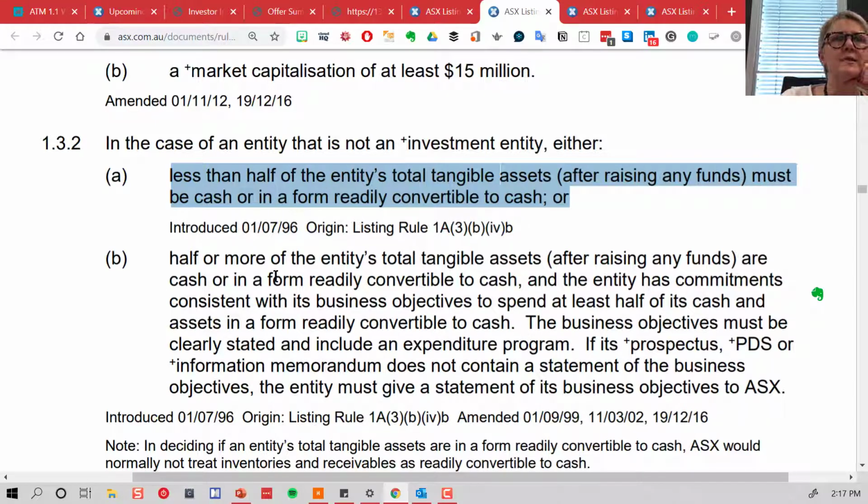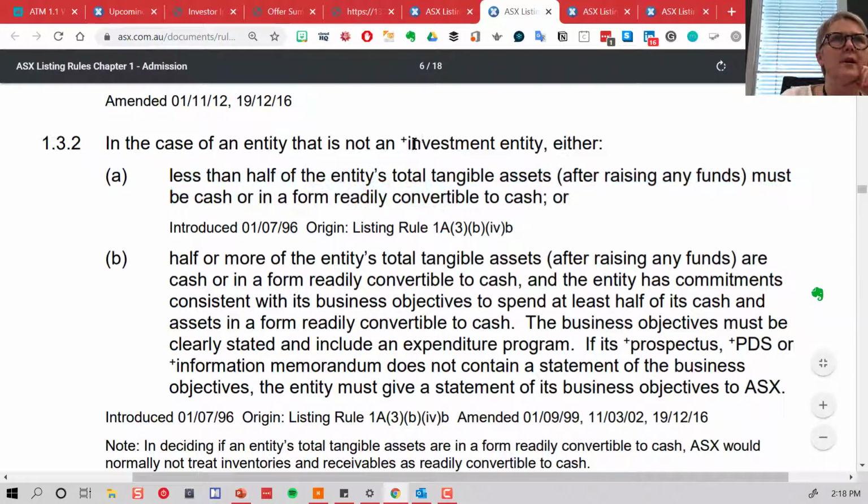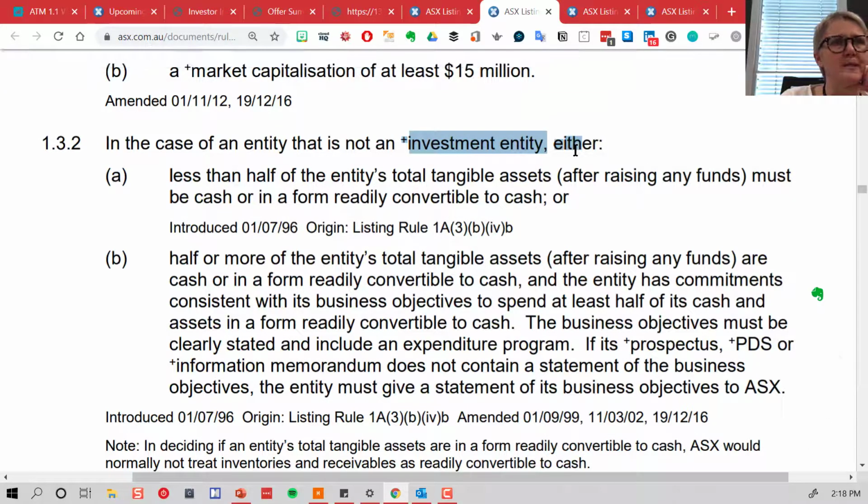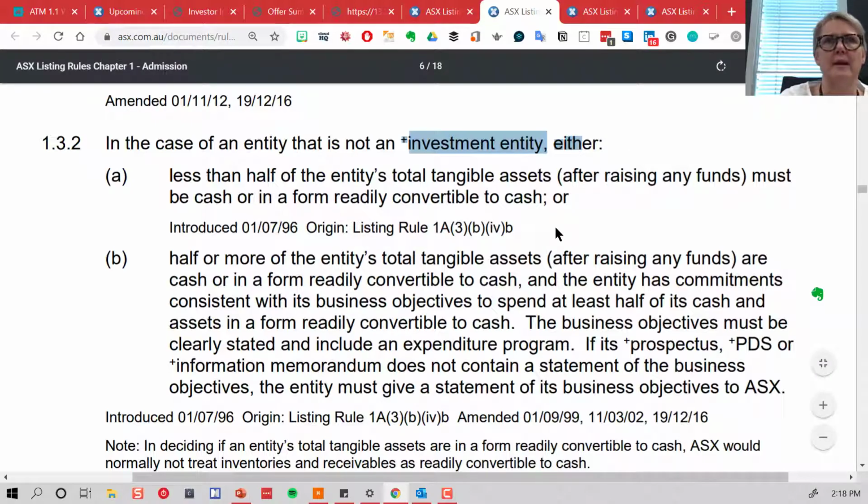Effectively, this rule is to stop the creation of what are called cash box companies: companies that aren't licensed investment entities, whose job is not to make investments, just taking money from strangers and sitting on it, waiting to do whatever they think is best with it. So if you're going to raise money, you have to have commitments for what you're going to do with it.